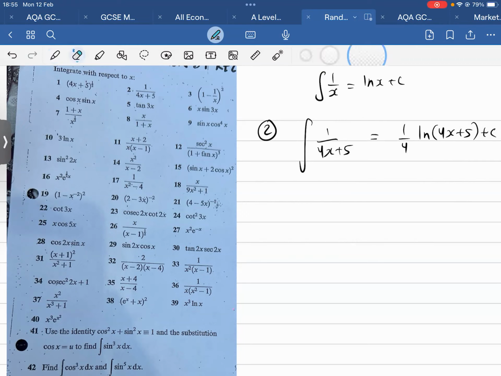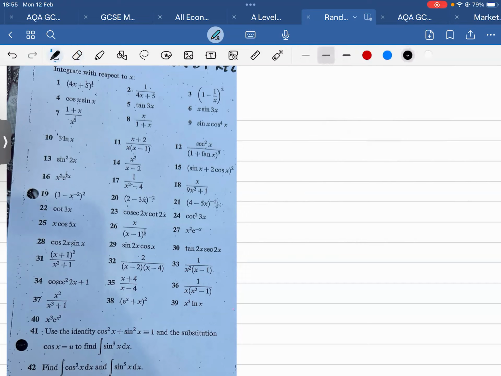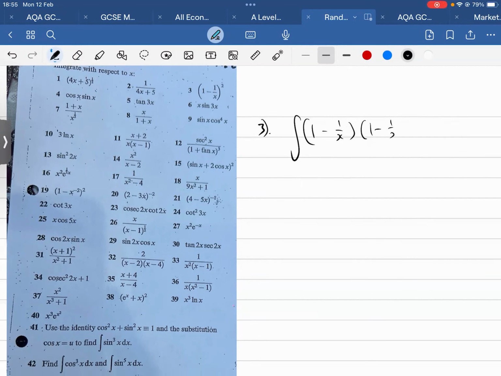Question 3. That's like the same as the first one. Question 3 is year 12. So 1 minus 1/x, squared. Expand the brackets.